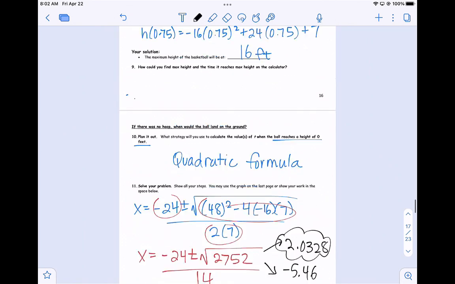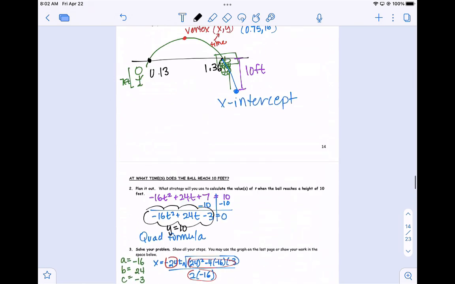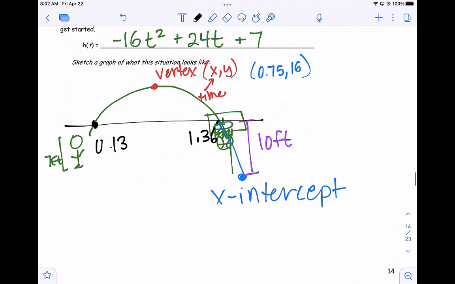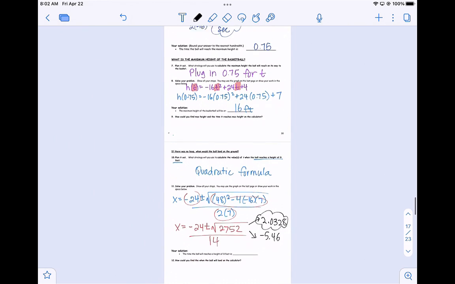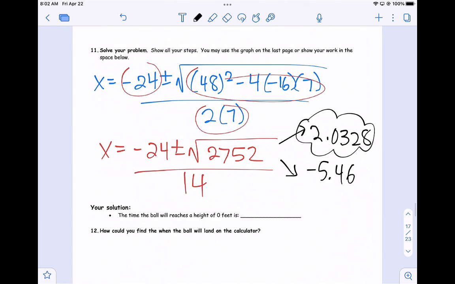The reason why one is negative is because if you think about our picture, since we started with a height at 7 feet, if you go backwards, you'll see that one x-intercept is negative and the other one is positive. So we're going to use the positive one when it hits the ground, which only takes about 2 seconds to hit the ground.